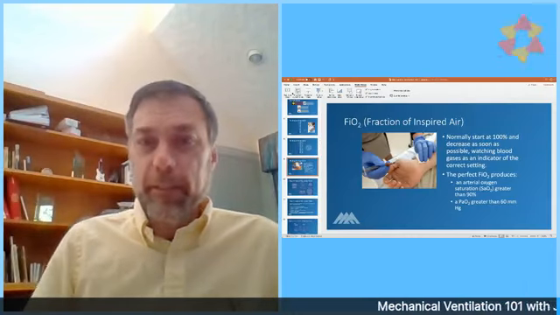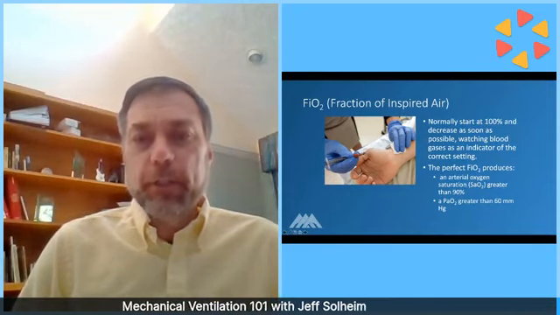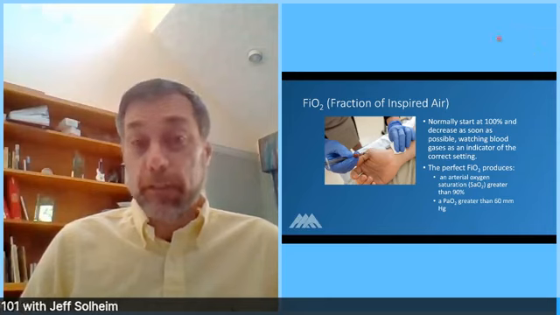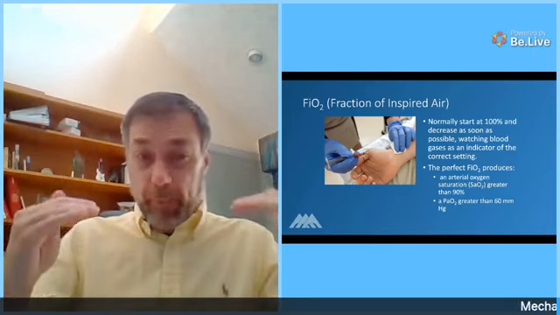When you're looking at reducing your FiO2s, you're going to reduce them according to the patient's blood gases. Your goal is an arterial oxygen saturation greater than 90% and a PaO2 greater than 60. So you can keep bringing those FiO2s down and then look at your blood gases, and your goal is those particular parameters as a minimum.